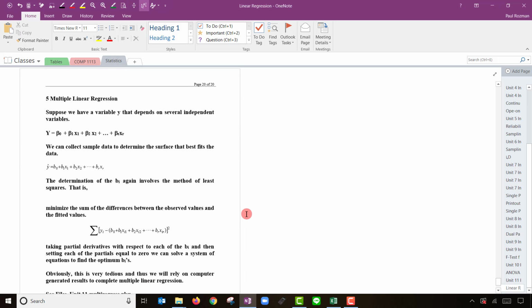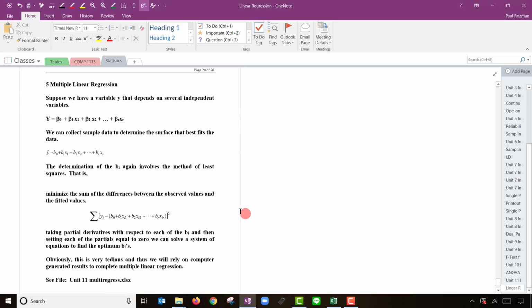I alluded to multiple linear regression where we have more than two variables. We've only looked at the very beginning part of this equation, but I mentioned that you could extend it to others. And I also mentioned how you would come up with your estimates for your various slopes. Again, just doing that partial derivative stuff.